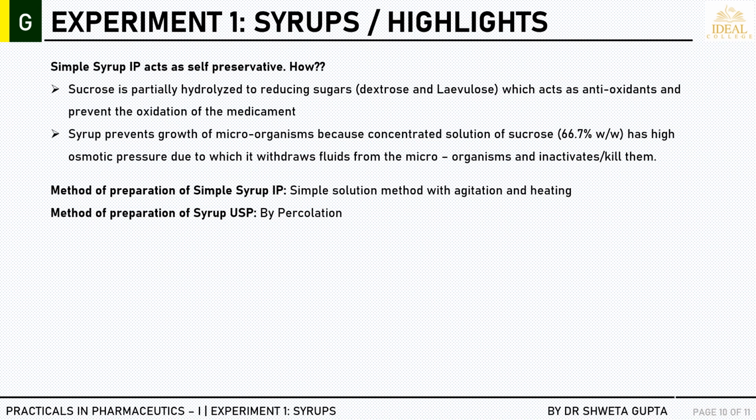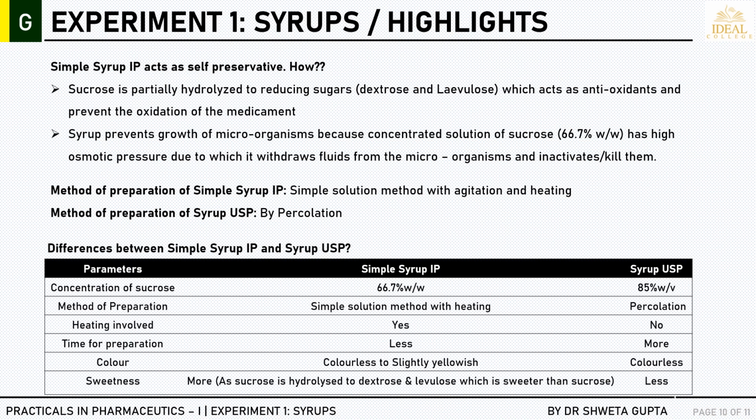Let's now discuss the differences between simple syrup IP and syrup USP. As per IP, the concentration of sucrose in simple syrup is 66.7% weight by weight, while in USP it is represented as 85% weight by volume.